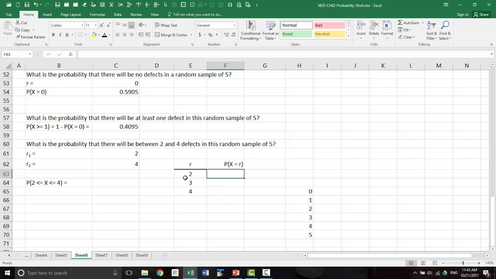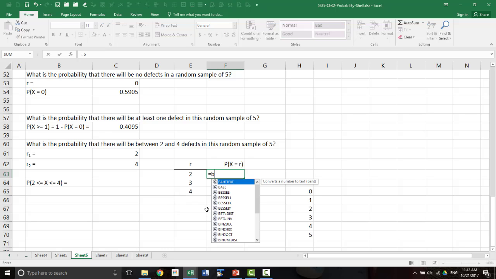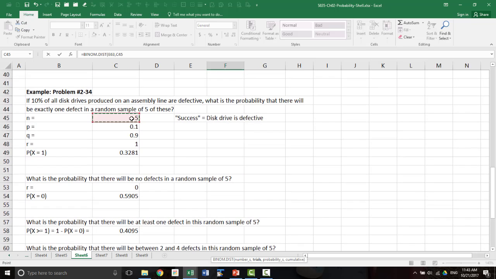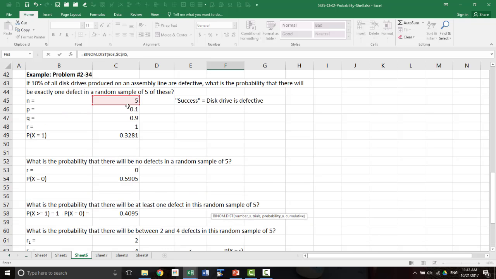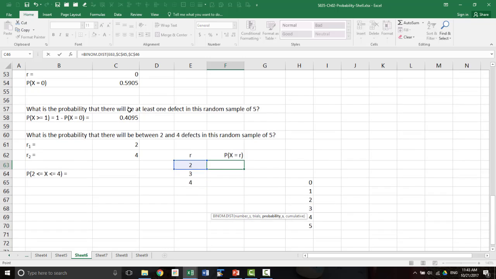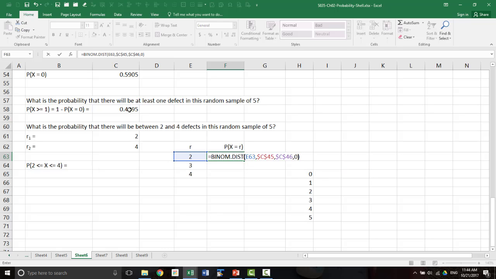First we'll compute individual probabilities and add them up. So here I have to set up the formula again. Binomial distribution, number of successes, comma, n absolute referenced, p absolute referenced, and then 0 for individual probability.